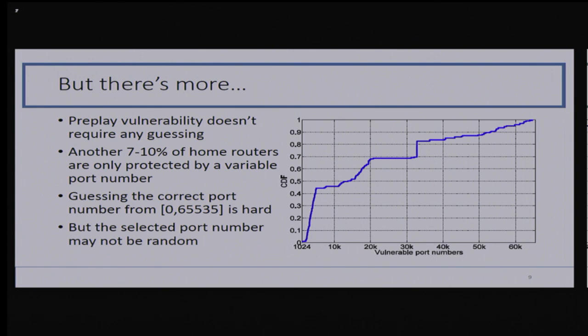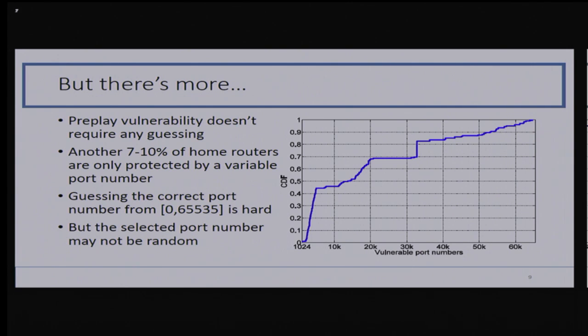The graph here shows port numbers we found vulnerable in a random sample. And two things to note here. First, almost 50% of the ports are within the range 1,000 to 5,000. It's a rather small range. We believe that these boxes are simply selecting the first available external port number in the NAT to use for DNS.